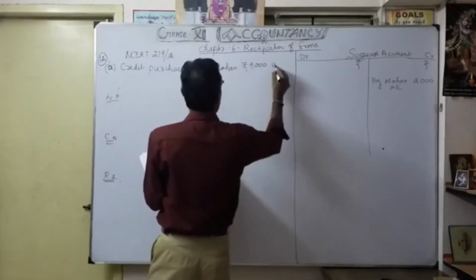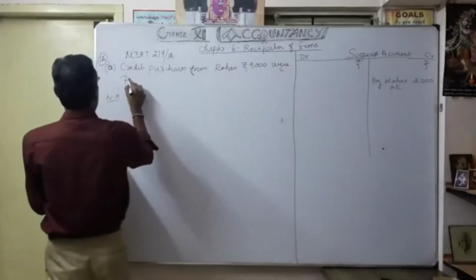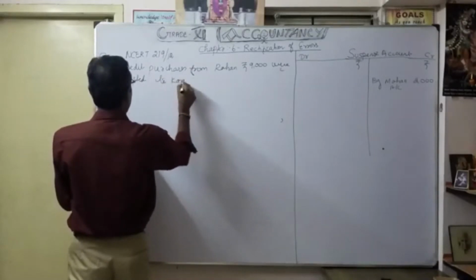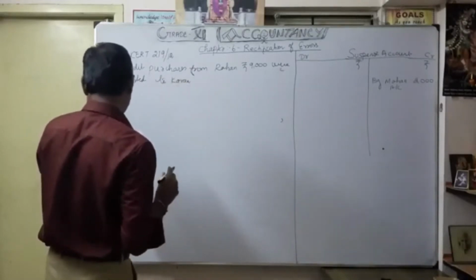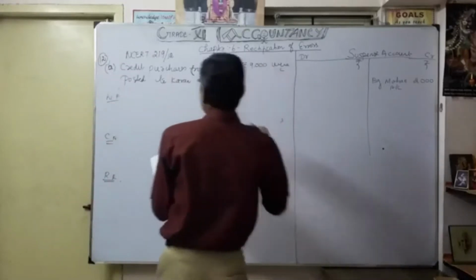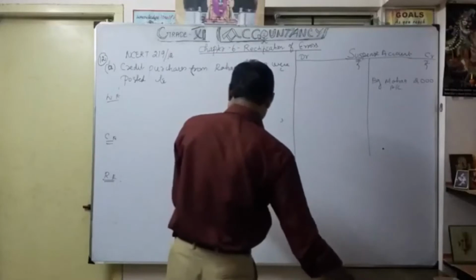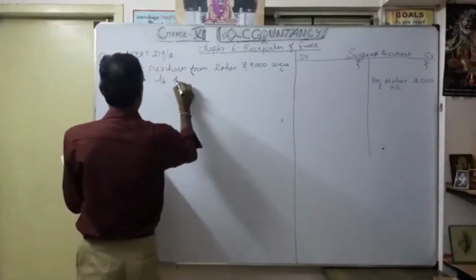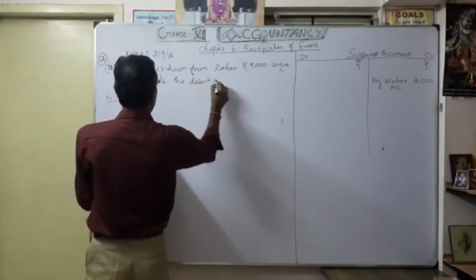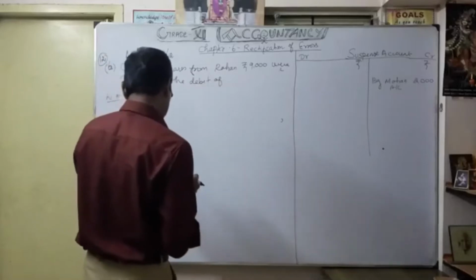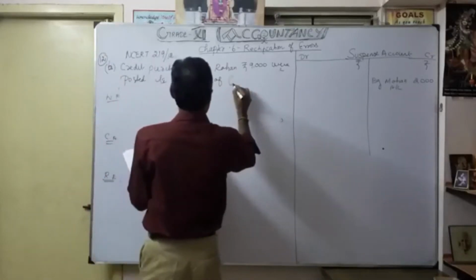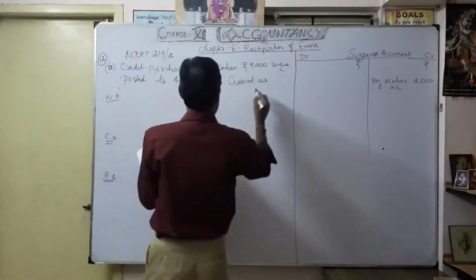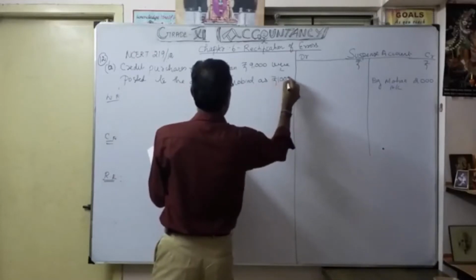But posted to the debit of Gobind as 10,000. Okay, this is the transaction.